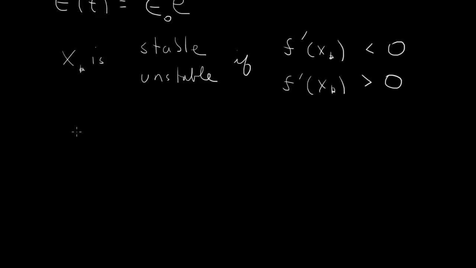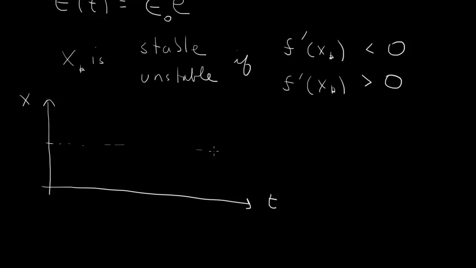What does the graph look like? If we draw a graph here, this is t, and this is x, and this value here, let's say, is x star. So if we perturb x star slightly larger than x star, if it's stable, then it will decay exponentially to x star.